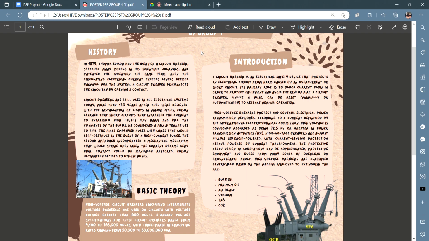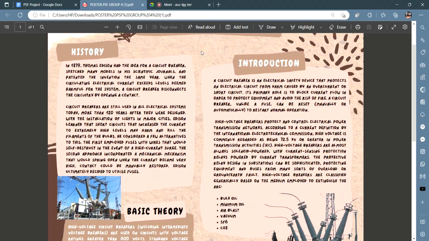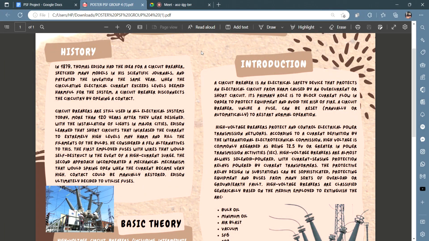In 1879, Thomas Edison had the idea for a circuit breaker, sketched many models in his scientific journals, and patented the invention the same year, for when the circulating electrical current exceeds a level deemed harmful to the system.